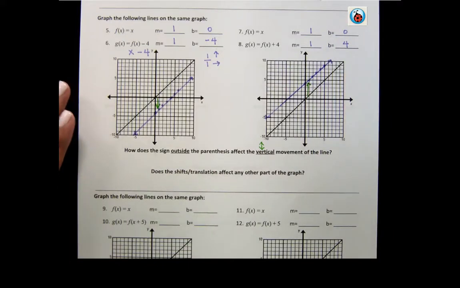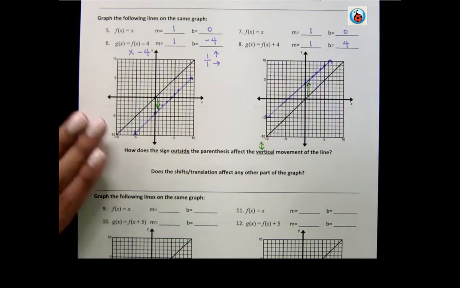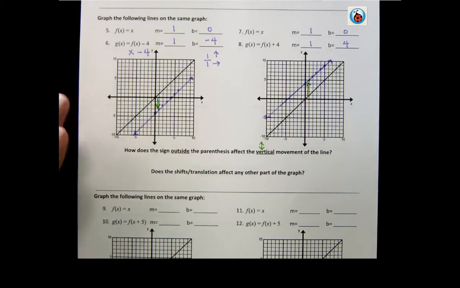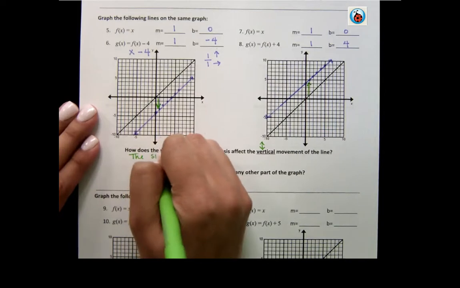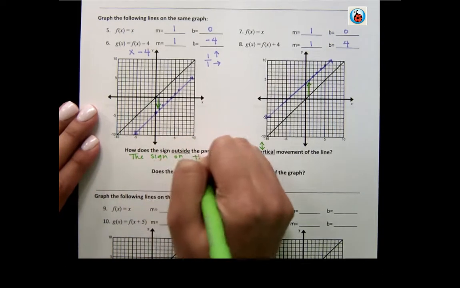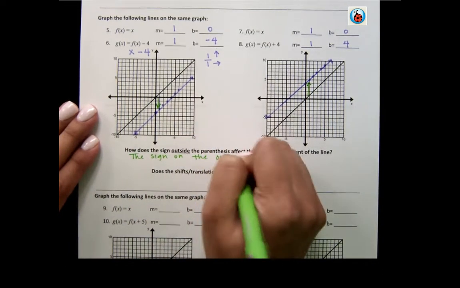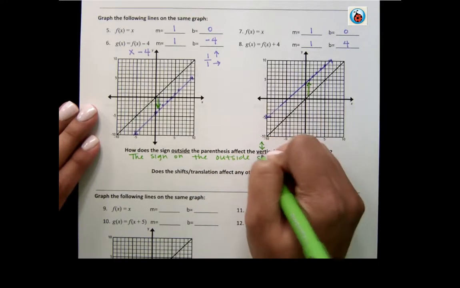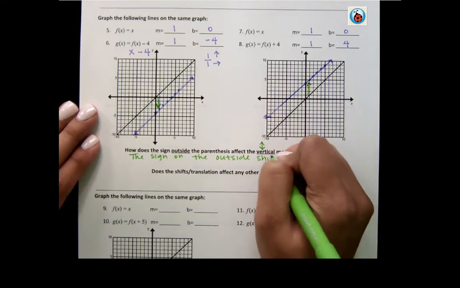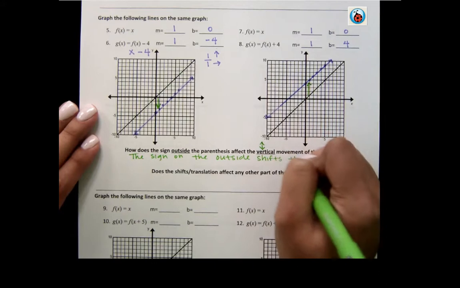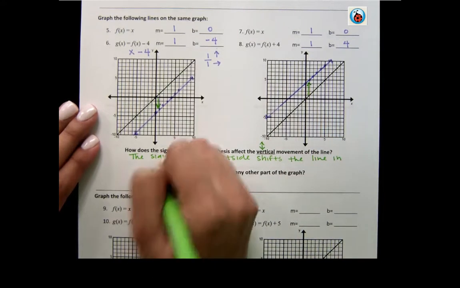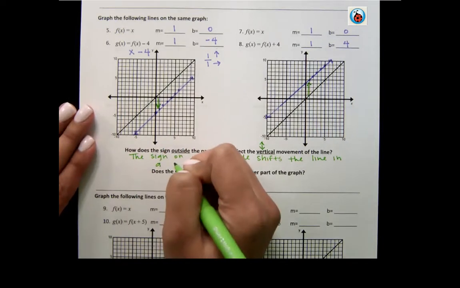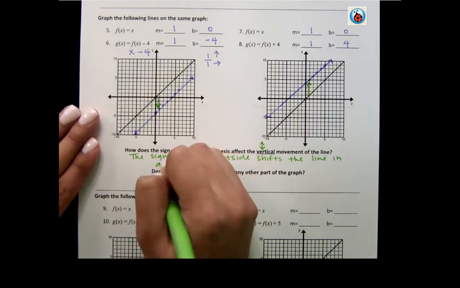So how does the sign outside the parentheses affect the vertical movement of the line? The sign on the outside shifts or translates the line in the actual direction of the sign.